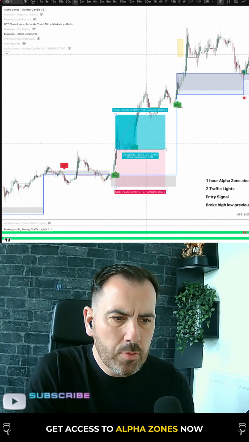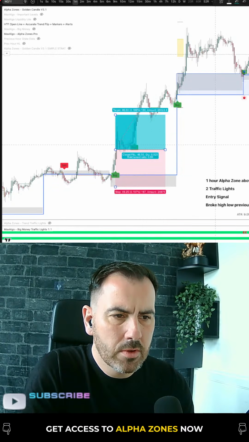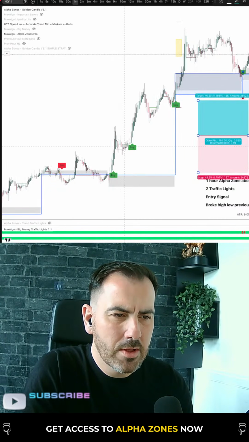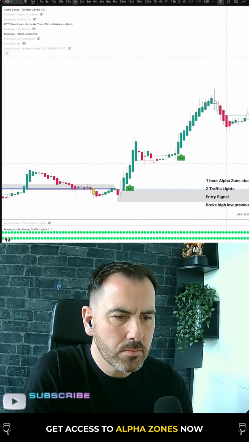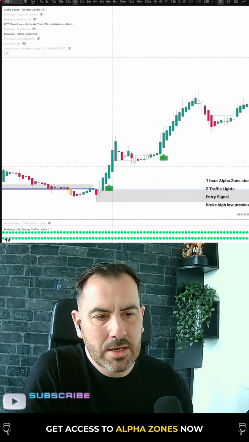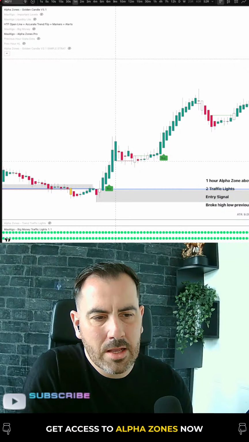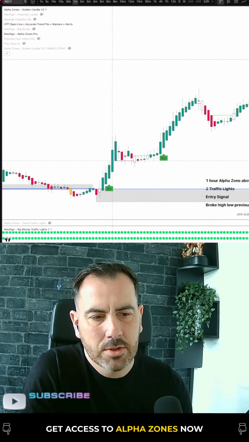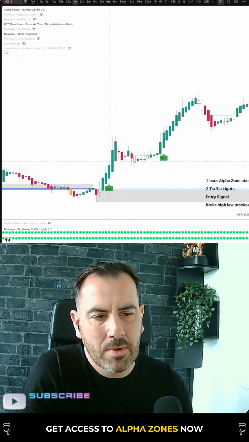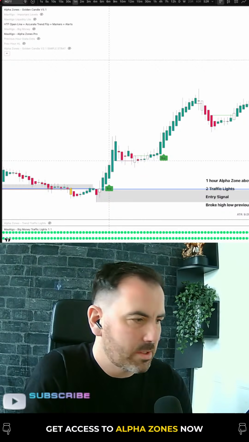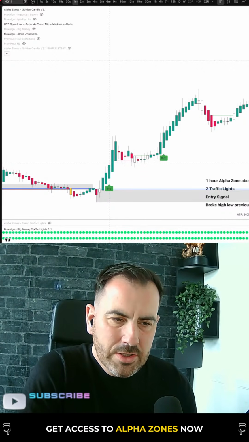So I enter with a stop order. So with a stop order, that means, let's get you right in, this entry here, I would put my entry point just above this candle. So I'm not entering as soon as this closes, I'm putting a stop order on, and what a stop order basically means is I'm waiting for price to go through it.